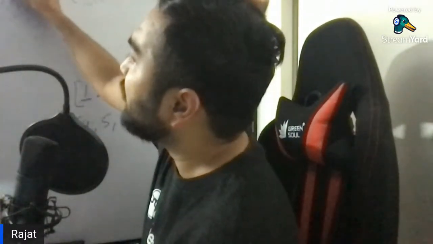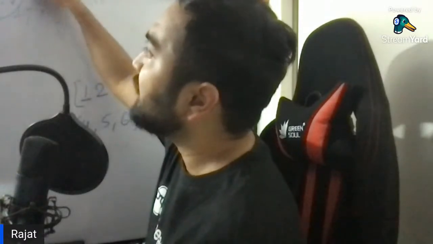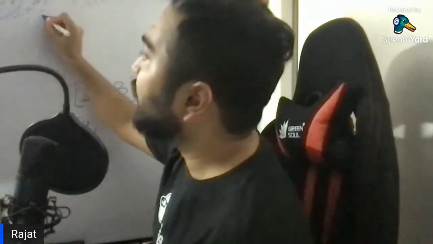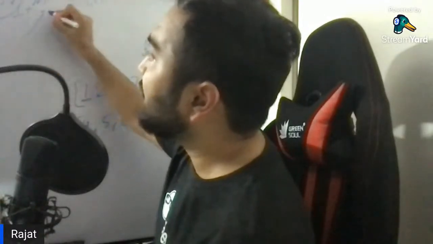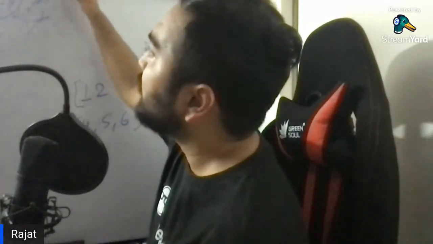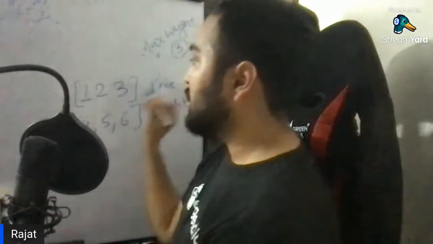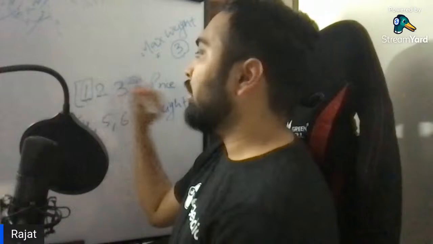So W minus 4, W is 3, so this becomes negative. Whenever W is negative, I return 0. So on this path, there will be nothing. This will just return 0. So there can be no path where 1 will be chosen.